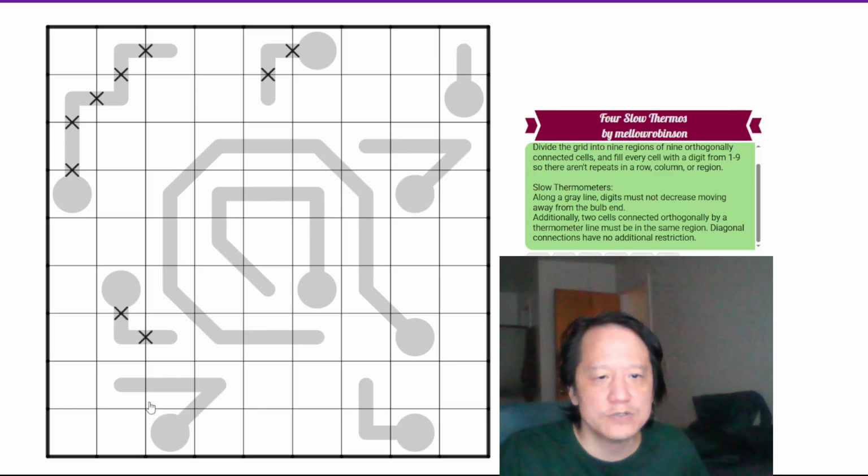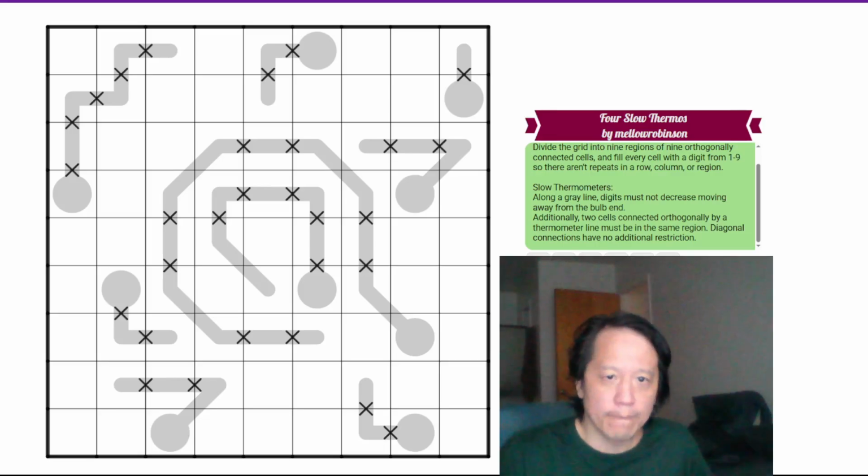Same with these two. Same with these 3 cells. Same with these 3 cells. These 3 are the same region. These 3 are the same region, and these 3 are the same region, as are these 3. That's the same as that, which must be the same as that, which is the same as that, same as that.